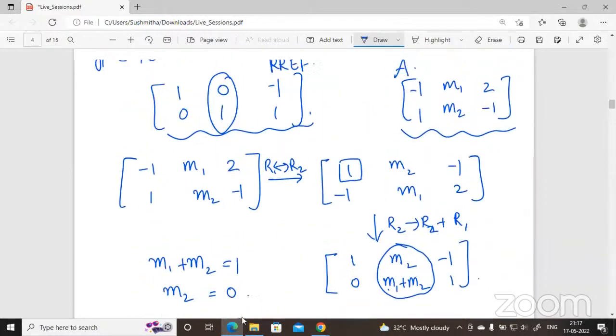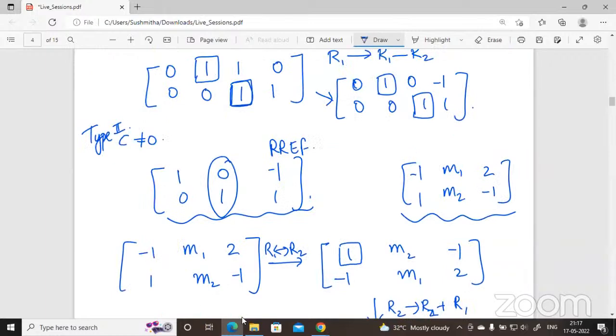So if I multiply the first row with -1, I'll get 1 minus m1 minus 2. And then I'm going to make this entry 0. For that, I will add 1.